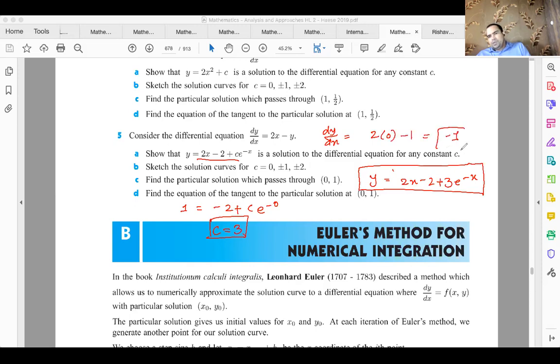So you get negative 1 as the slope. Then you do y equals negative x plus c, that is, negative x plus 1, because it passes through (0, 1). So the y-intercept is going to be 1. This is how you use these ideas to solve this particular problem.